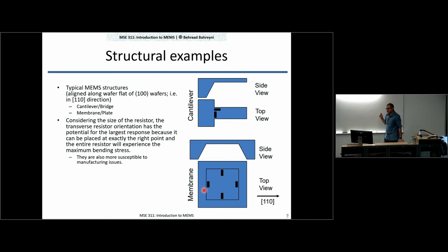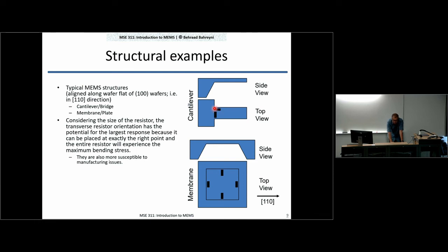But also keep in mind that the pi L and pi T were, for, let's say, silicon, large values, but they had opposite signs. And therefore, for example, if you assume pi L is positive here and pi T is negative here, this resistor value decreases, this resistor value increases with the same pressure applied to this membrane. Or if you look at this cantilever, let's say pi L is positive and pi T is negative.